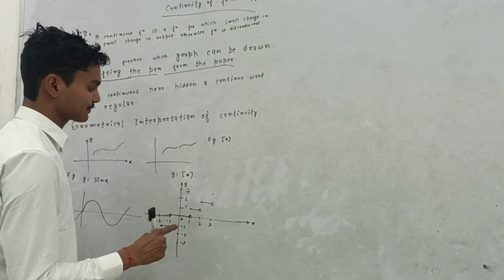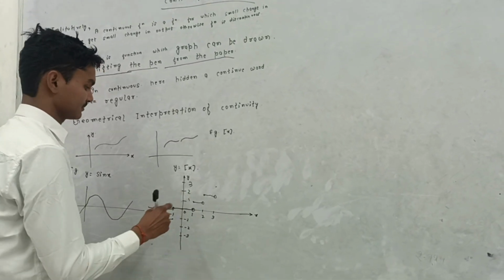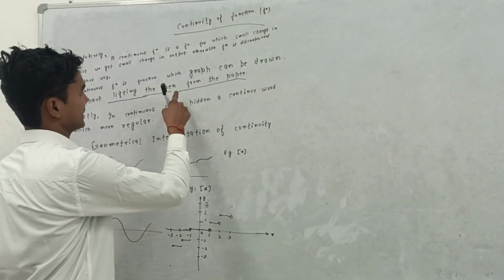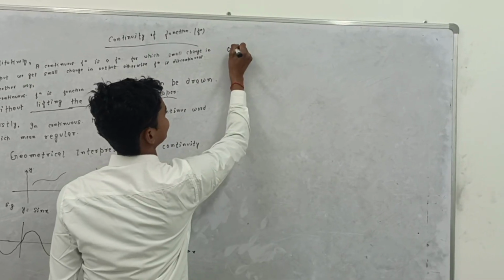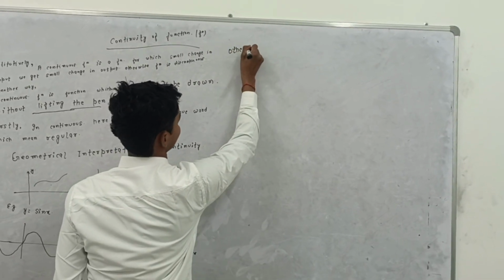Every integer point is disconnected because of lifting the pen from the paper. This function is discontinuous.